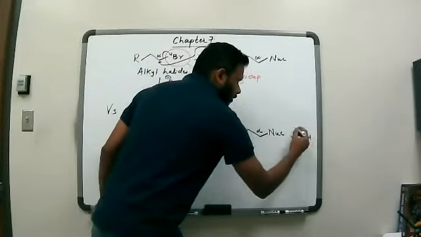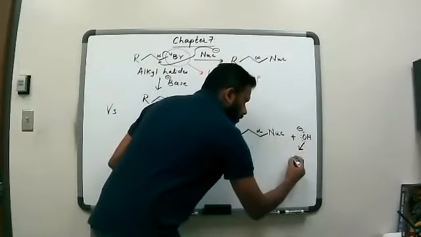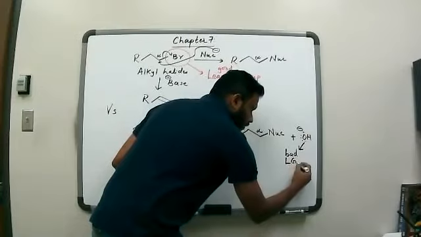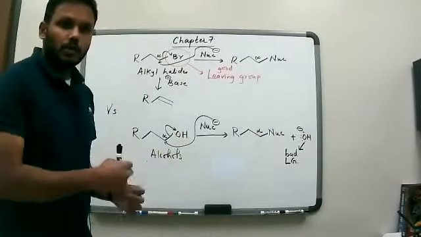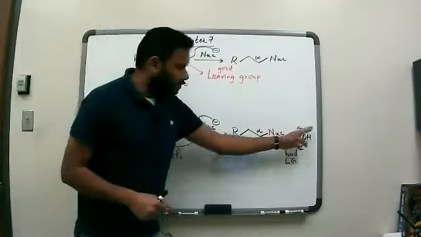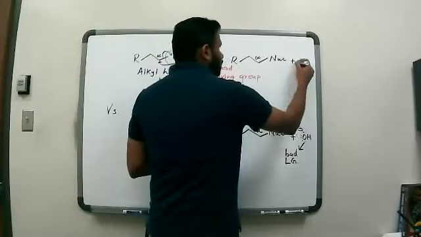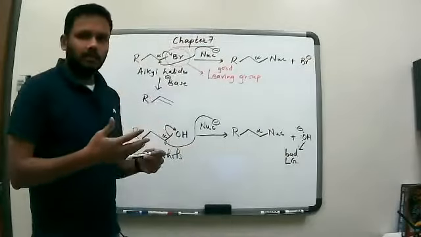But the problem here is that hydroxide is a bad leaving group. In fact, it's a very bad leaving group. It's a very good nucleophile, but it's a really bad leaving group because it's not stable by itself, unlike a bromide, which would stabilize itself.